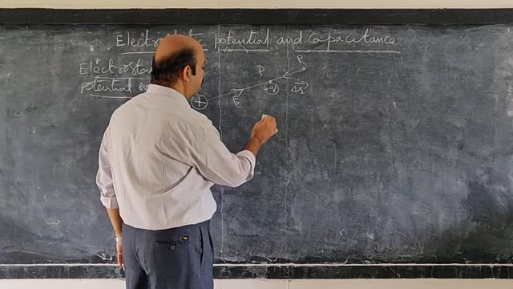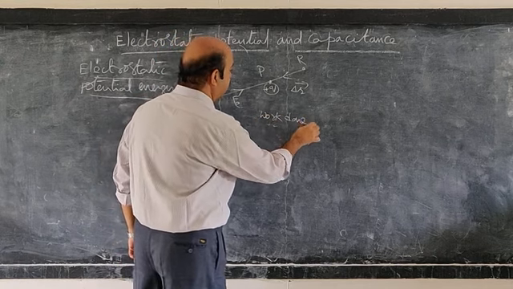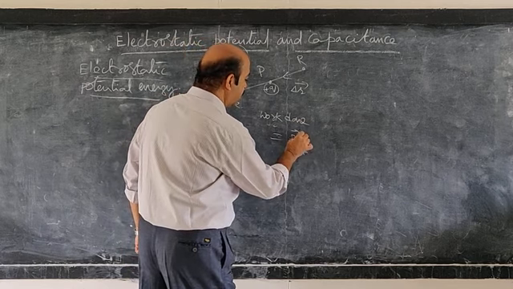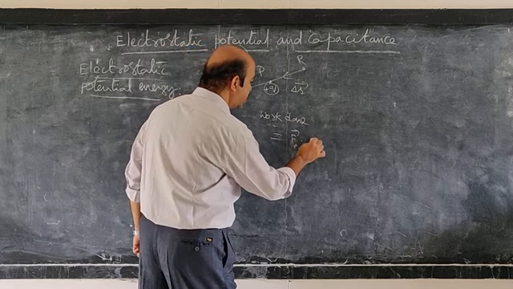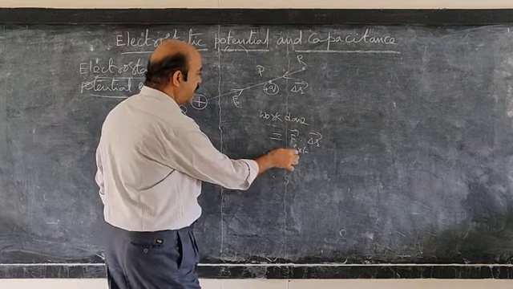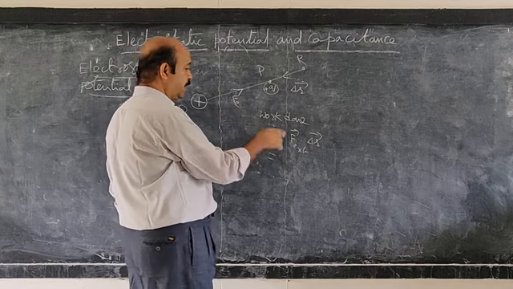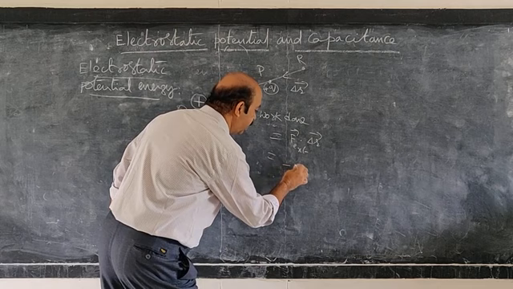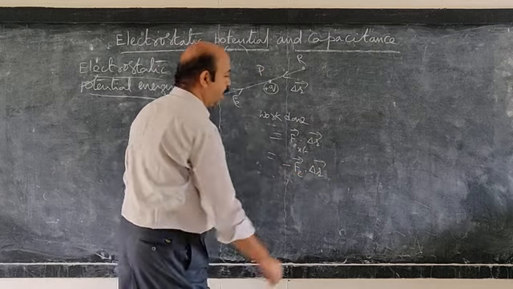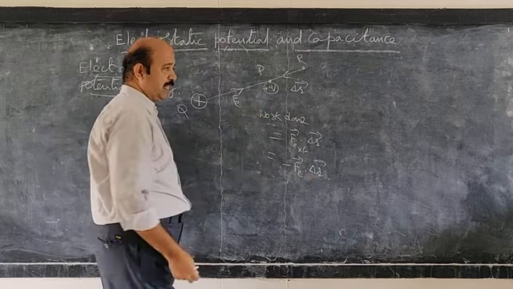Therefore, this work done can be written as F external dot delta R. But this external force is opposite to the electric force, so it can be written as minus F electric dot delta R. Now this is for a small displacement.